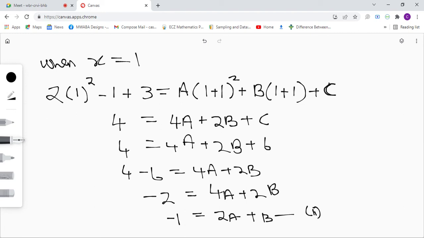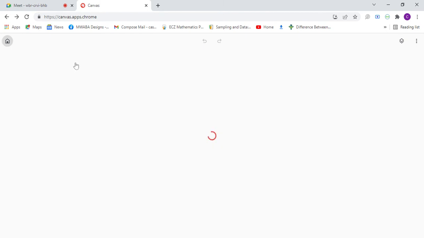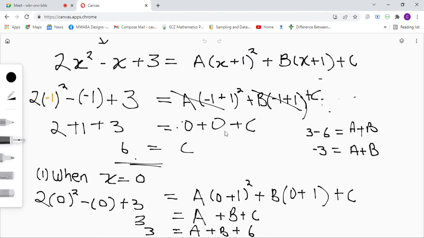As I said, we're going to use simultaneous equations to find the value of a and b. So we're going to use the elimination method. So what was the equation for 1?